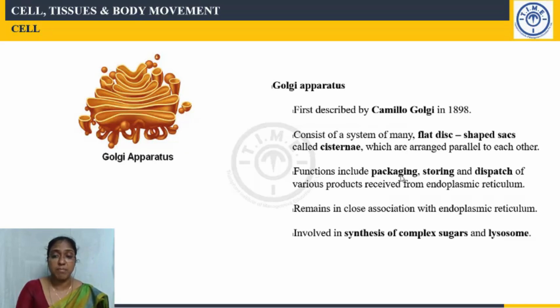Packaging, storing and dispatch of various products received from the endoplasmic reticulum are done by the Golgi apparatus, and it remains in close association with the endoplasmic reticulum. Because these substances have to be packaged and stored, it needs to lie near the endoplasmic reticulum.